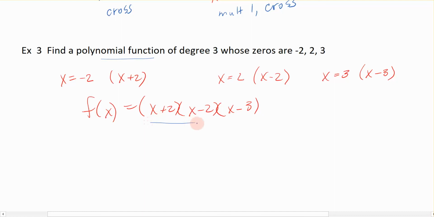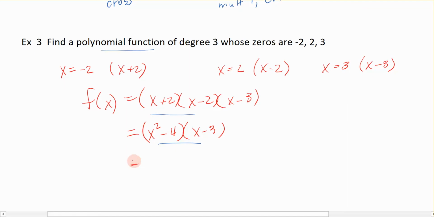So I'm going to start here and multiply these first 2 binomials together. Because this is x plus 2 and this is x minus 2, this is a special product, and that gives me x squared minus 4 when I multiply that out, because that's the pattern that this follows. Now I would bring the x minus 3 down, and again, working in pairs, I don't have anything special here to multiply, so I just FOIL this.